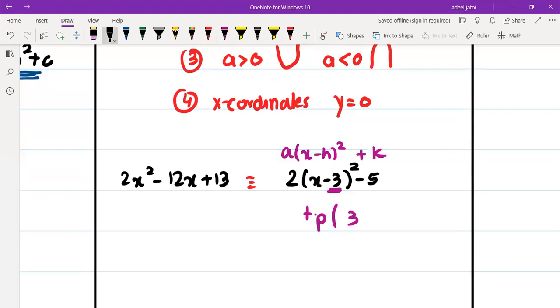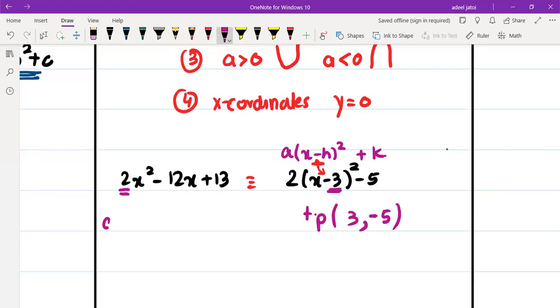So if you note that this particular sign is negative here, and this is negative here as well, that means this negative will be part of the formula. So 3 will become positive. Similarly, your sign of y will remain same, which will be negative 5. So this becomes your turning point of the graph.